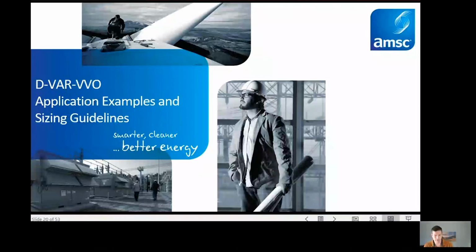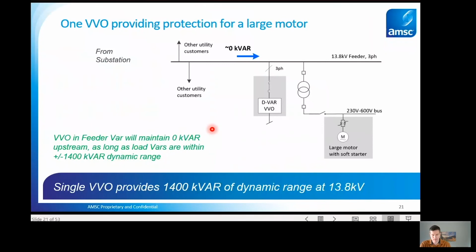So now we're going to run through some application examples and really show how to apply the STATCOM to a specific motor starting requirement. We established the basic principle of operation of VAR cancellation. Now, what does that look like to apply that in practice? In any application, the basic concept is that we're going to apply the VVO at a medium voltage feeder, and that controller is going to continuously attempt to maintain 0 kVAR to the utility.